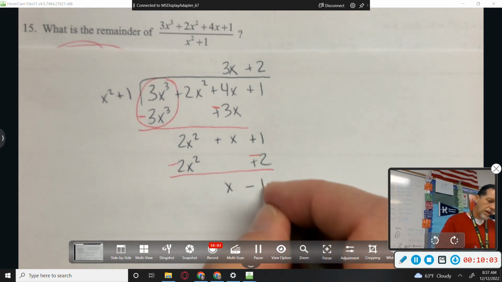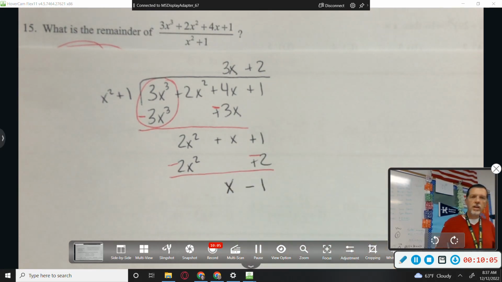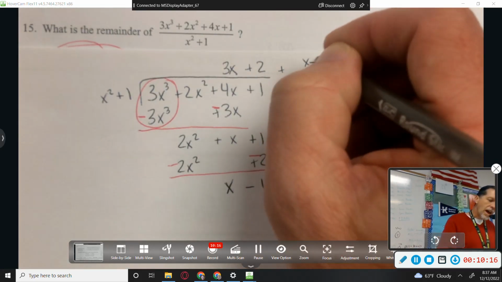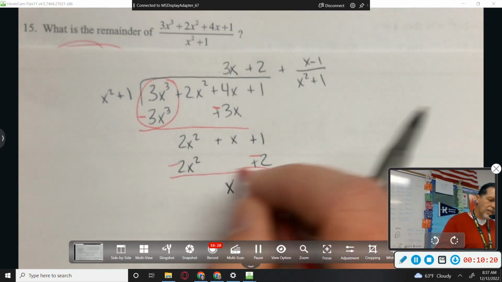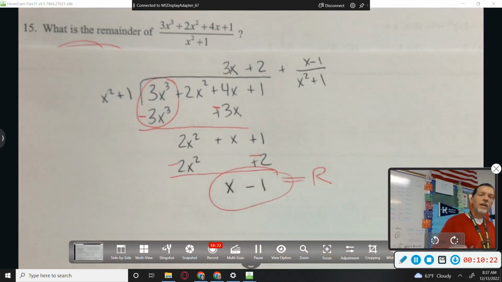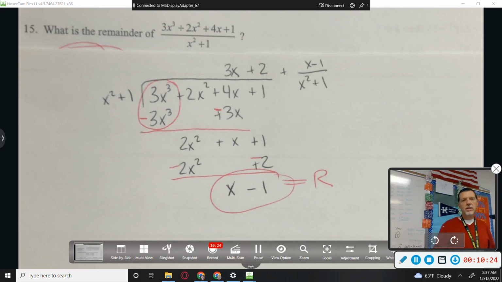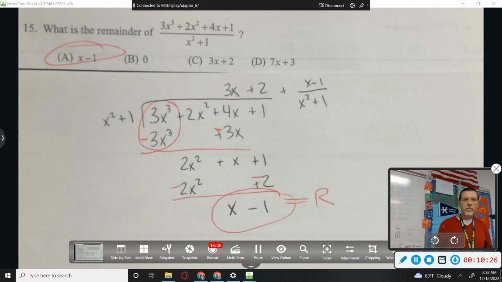So minus 1... What does that mean? What do I do now? That is the remainder, right? Remember, you can be fancy and put x minus 1 over x squared plus 1, or you can just say, hey, the stuff left over at the bottom, that is the remainder. And so, yeah, 15 is x minus 1.